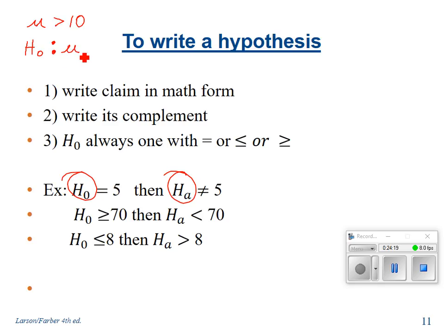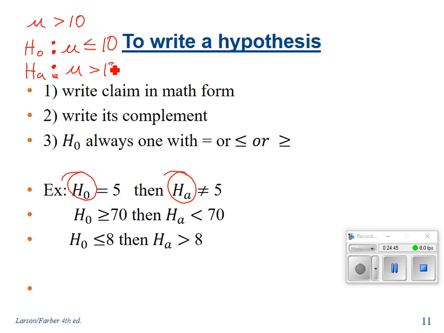Mu still uses the same number, but instead of greater than, it's going to be less than or equal to 10. So that's our null hypothesis. Our alternative hypothesis is going to be that right there: mu is greater than 10.